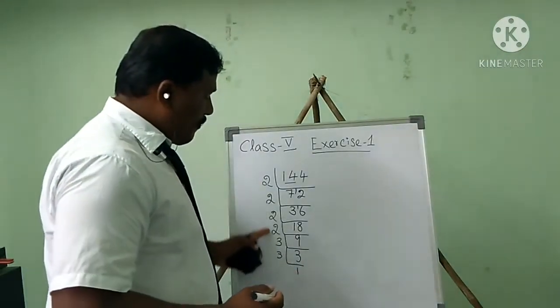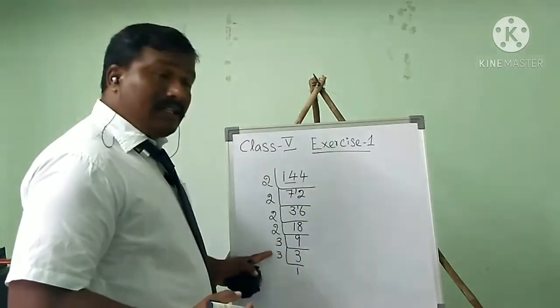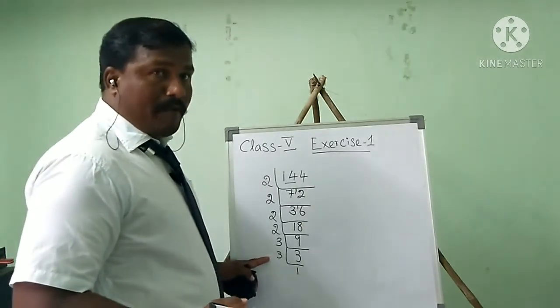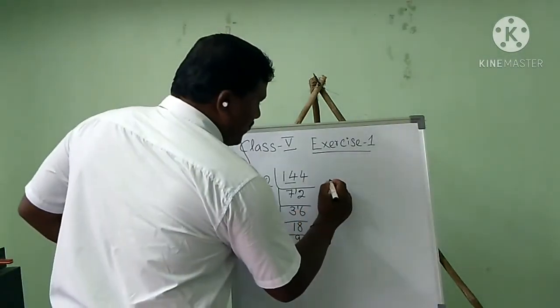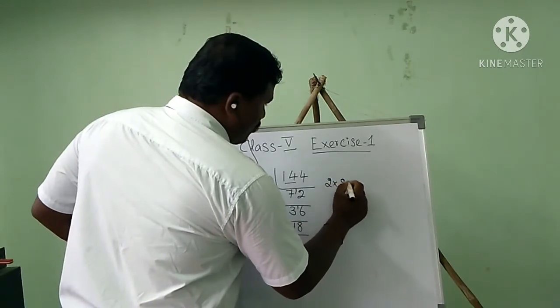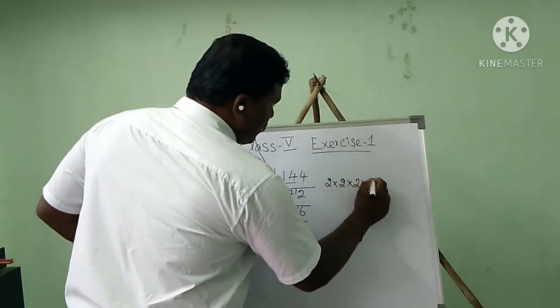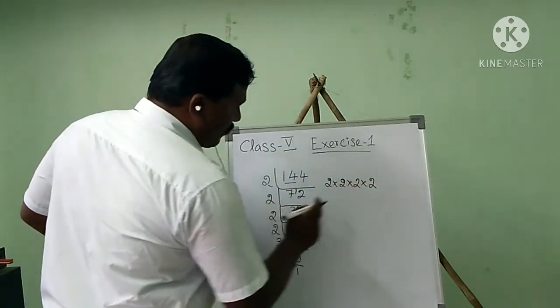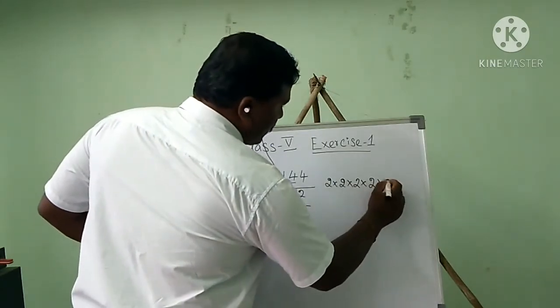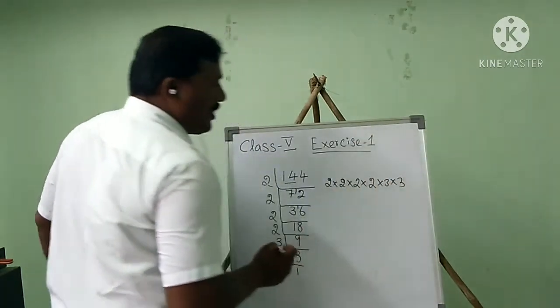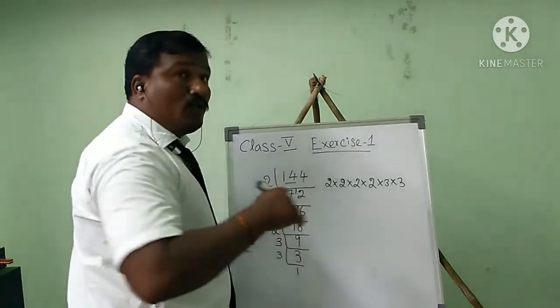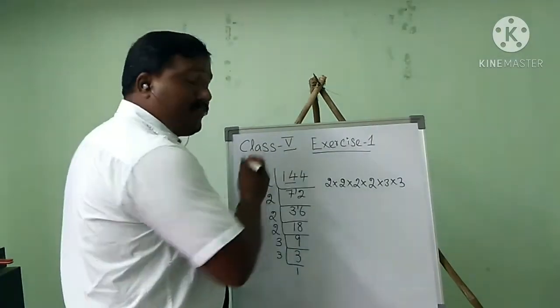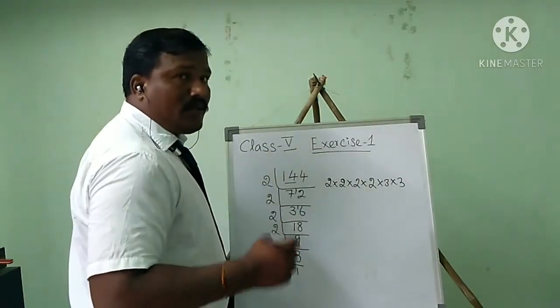So if you check, these all are prime numbers. If you multiply these numbers, 2 multiplied by 2 into 2 into 2, that is 4 2s, into 3 into 3, you can get this 144. If it is right, your answer is correct.